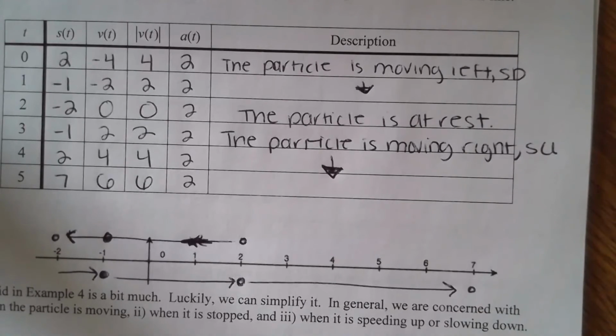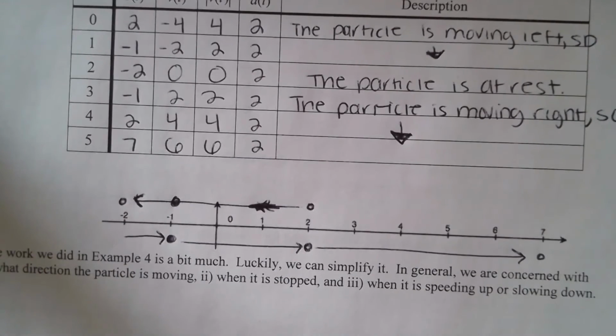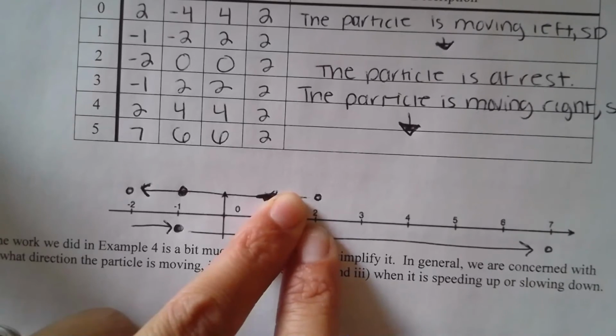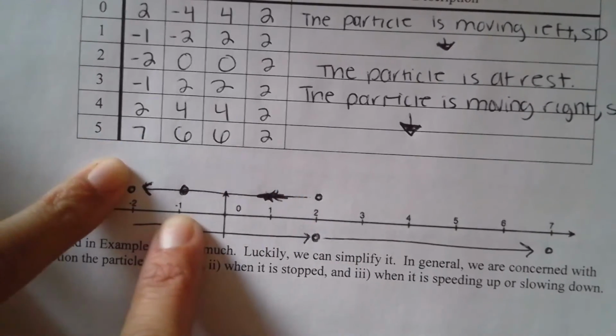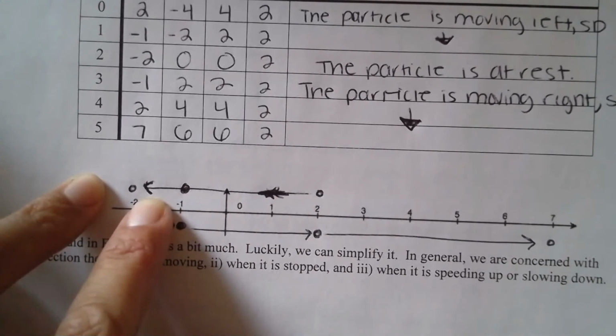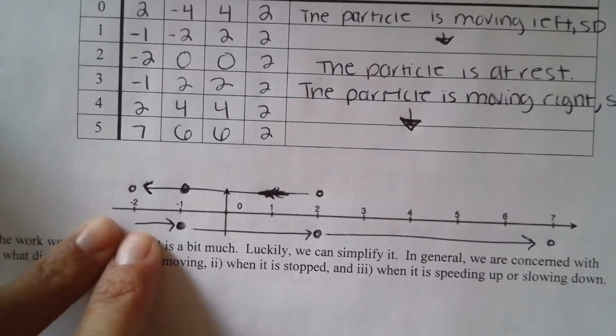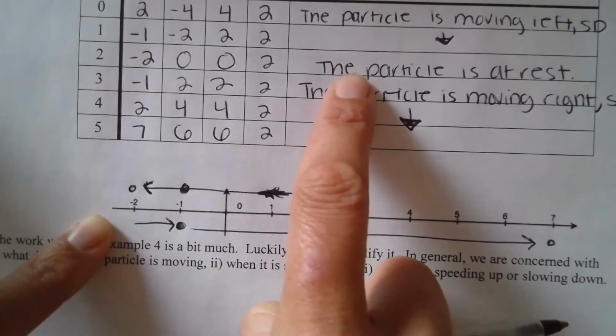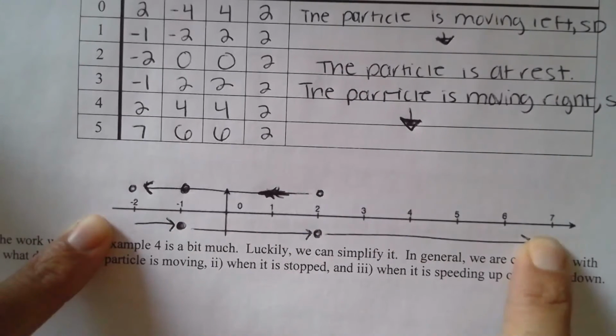The number line represents the position of the particle. Its initial position was at 0, 2. Then its position was at -1. Then its position was at -2. This shows its movement to the left. And then here at -2, it stops, changes direction, and then starts to move right.